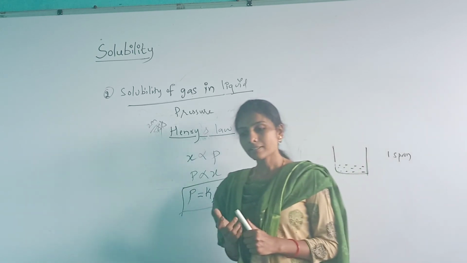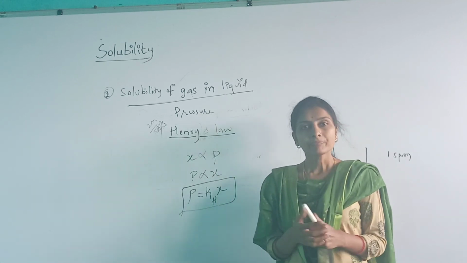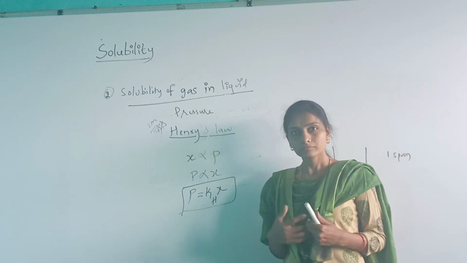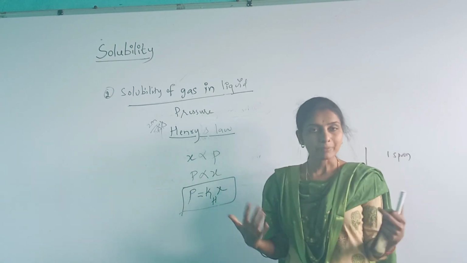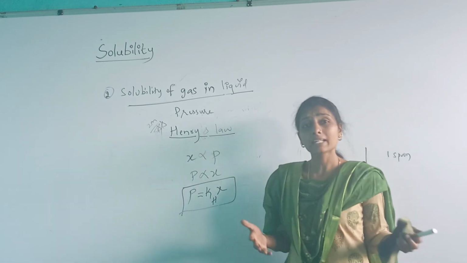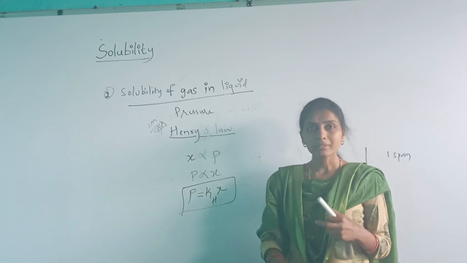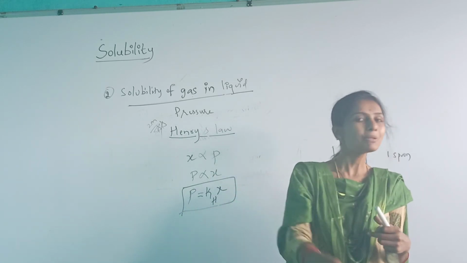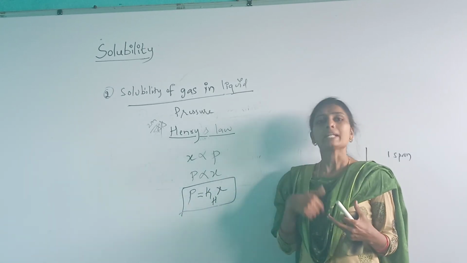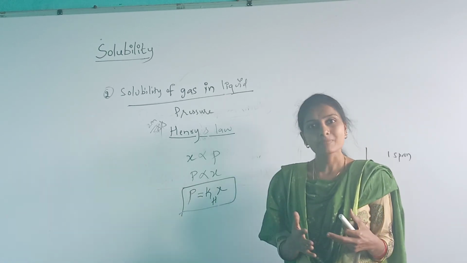Second, you can see the sea divers. Deep into the sea, the pressure of nitrogen and oxygen is more. Both of them are gases only. They are having high pressure. So whenever a person enters deep into the sea, more and more amount of N2 and O2 will enter into him. Why? Because there the pressure is maximum.